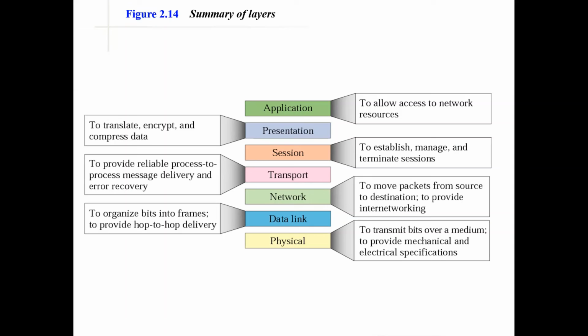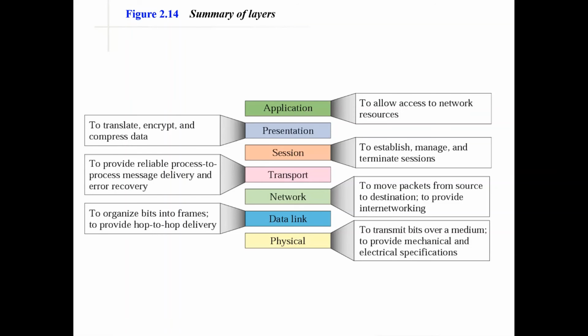At the data link layer, the function is to organize the bits into frames and provide hop-to-hop delivery, where we check, detect, and correct errors using CRC. The data link layer is divided into two layers: the MAC layer and the LLC, the logical link control layer.